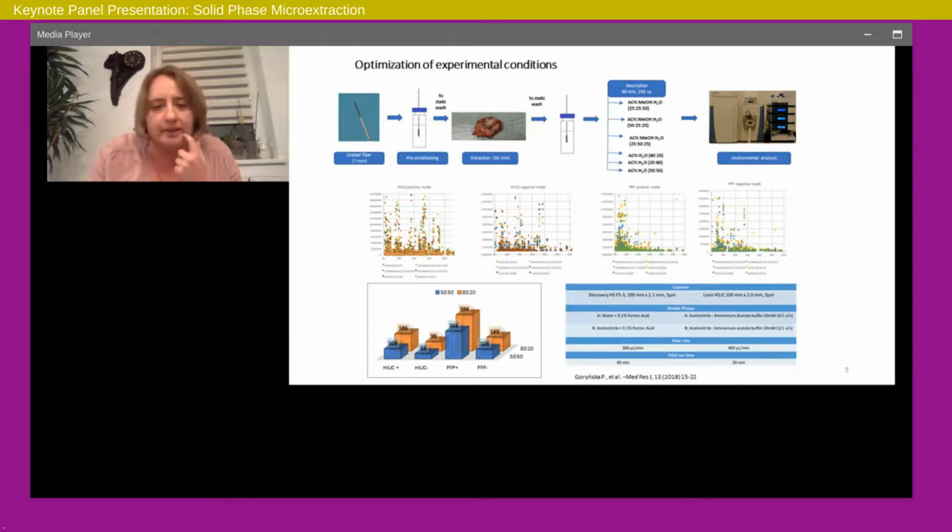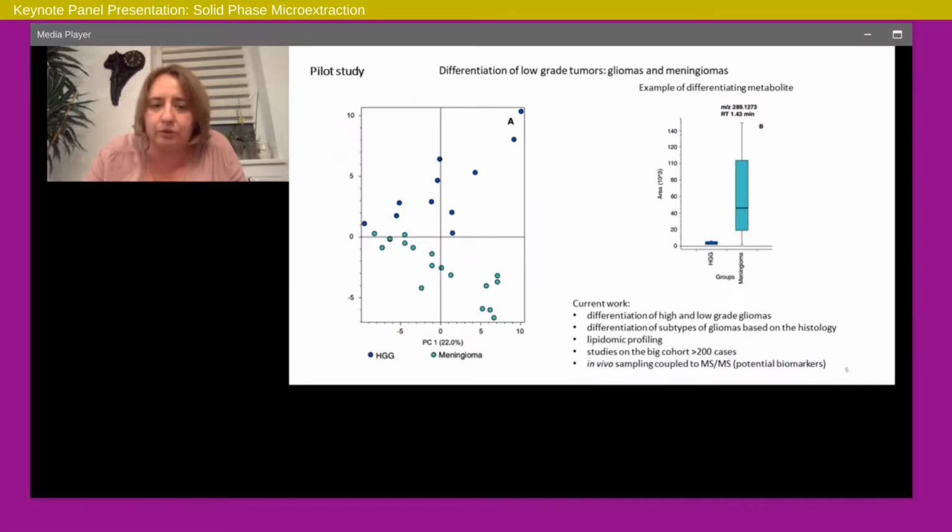As you can see here, we are covering on each column from about 100 to a few hundred compounds. Then you can see that we were very successful in differentiating two different types of tumors, gliomas from meningiomas. I don't have time to show you more data today, but we were also able to differentiate different grades of tumors, and when we compared with histological and genotyping data, our phenotyping was in very good agreement.